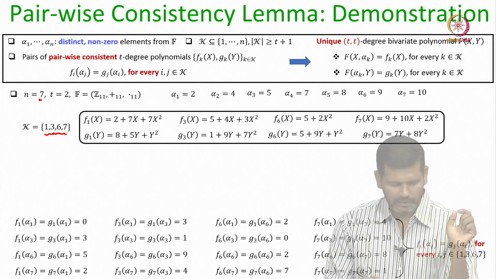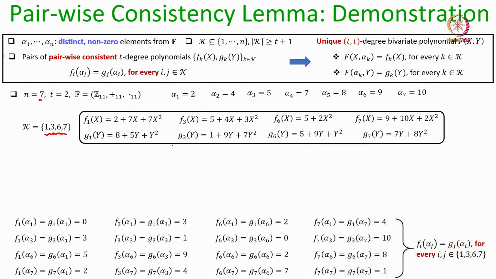Now, you can verify that these 4 pairs of x and y univariate polynomials are pairwise consistent corresponding to the indices in K. I would like to stress that when I say they are pairwise consistent, they can be pairwise consistent only within the indices in the set fancy K.